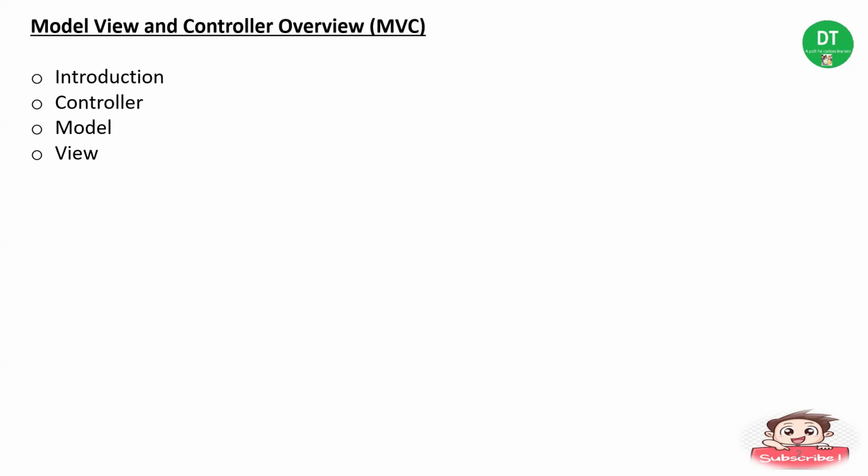So MVC includes controller, model, and view. Or we can say model, view, and controller. The controller is generally a class in an MVC web application that handles the user interaction. When anybody requests a web application, the request goes to the controller.